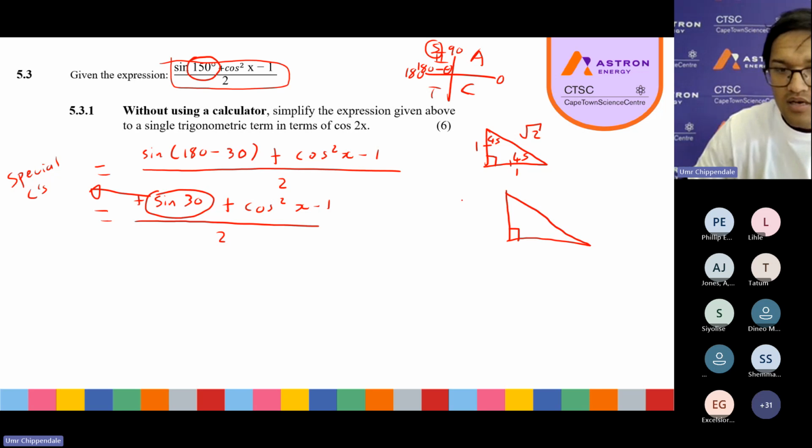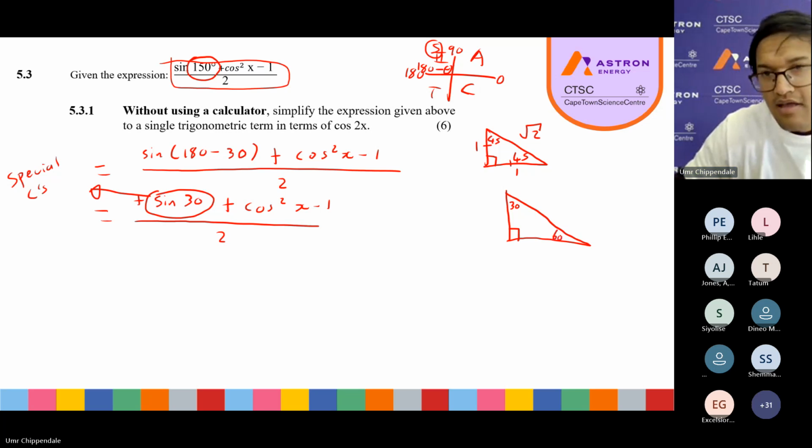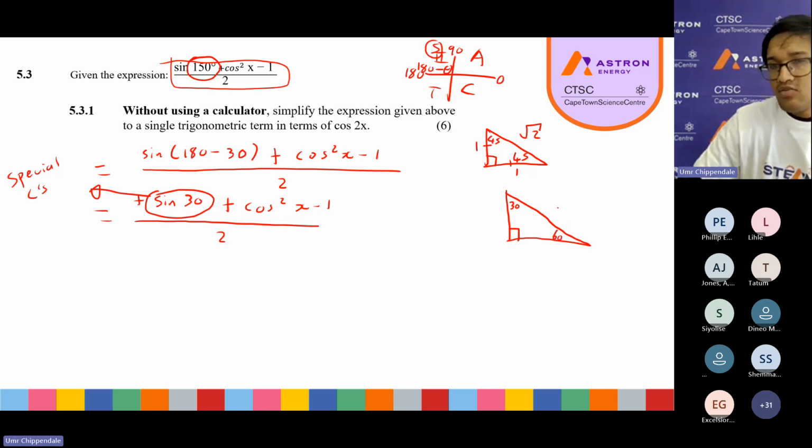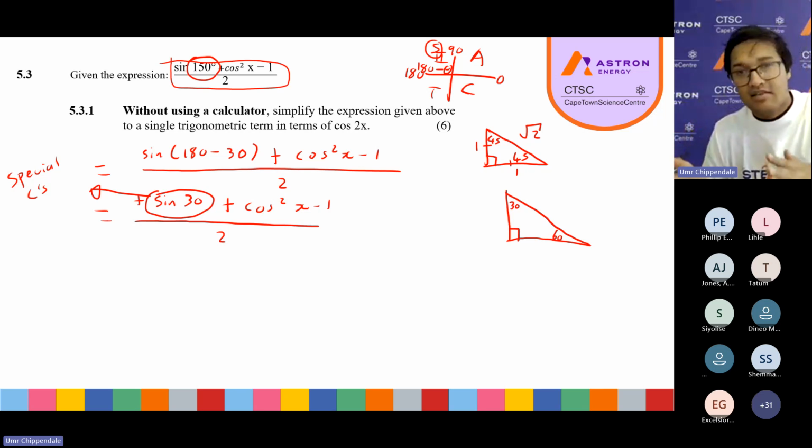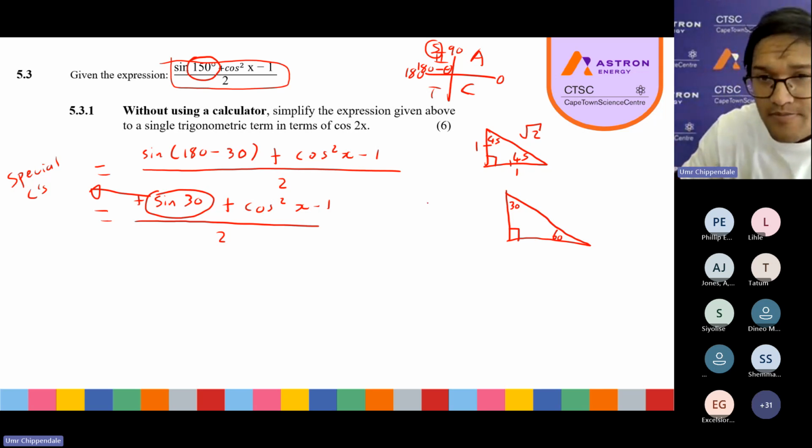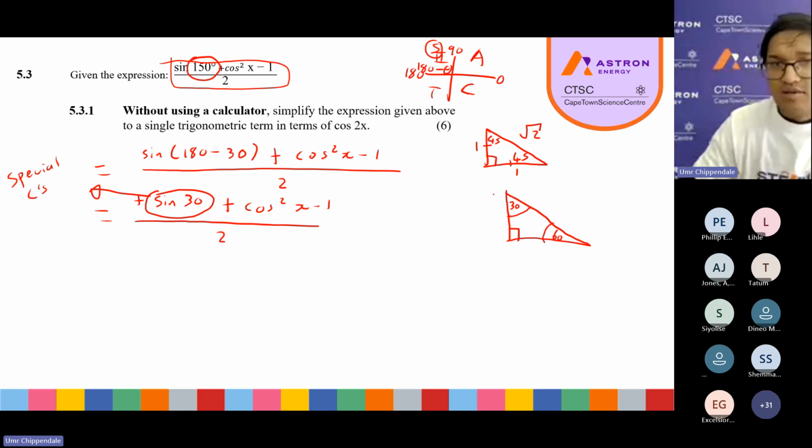And then this one over here is for 30 degrees and 60 degrees. 60 plus 30 is also equal to 90, and we know all triangles need to add up to 180 degrees. So that's why we know those are the 2 angles. There's another way of showing how to get to this, but I'm just going to show you this in the meantime to save some time.